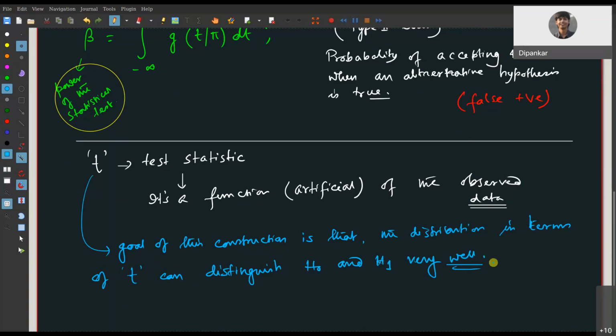Okay, and I will call this construction a test statistic.